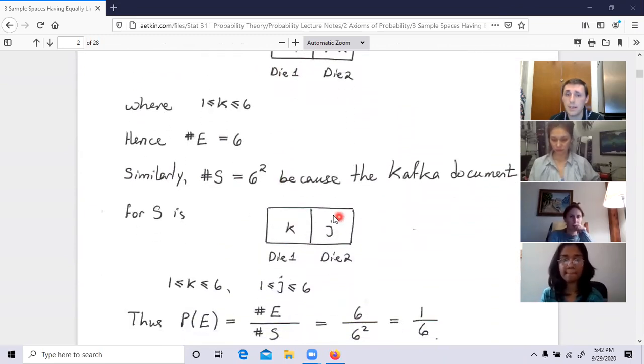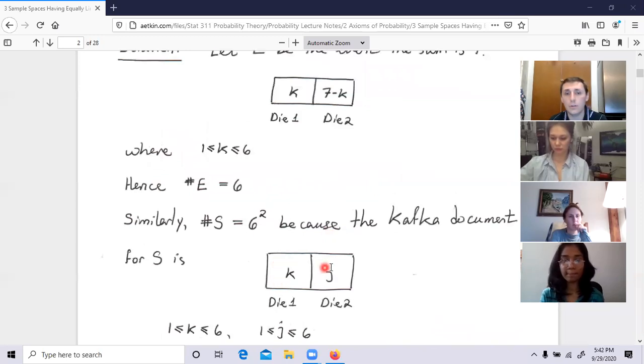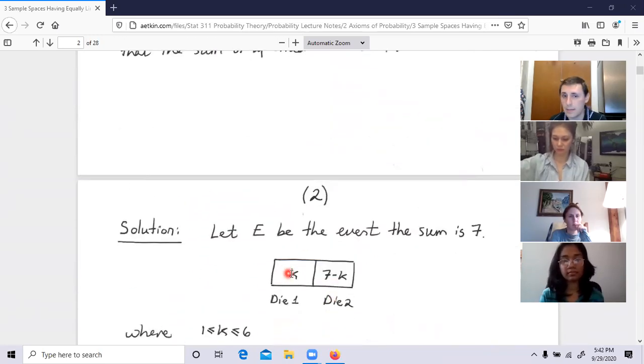Our sample space can be represented with what I call the Kafka protocol, consisting of 2 boxes. Each box will be a number between 1 and 6, right? So the reason I know the number is 36 is because here I have 6 possibilities times 6 possibilities, which is 36 possibilities. Now how many of those possibilities correspond to the sum equal to 7?